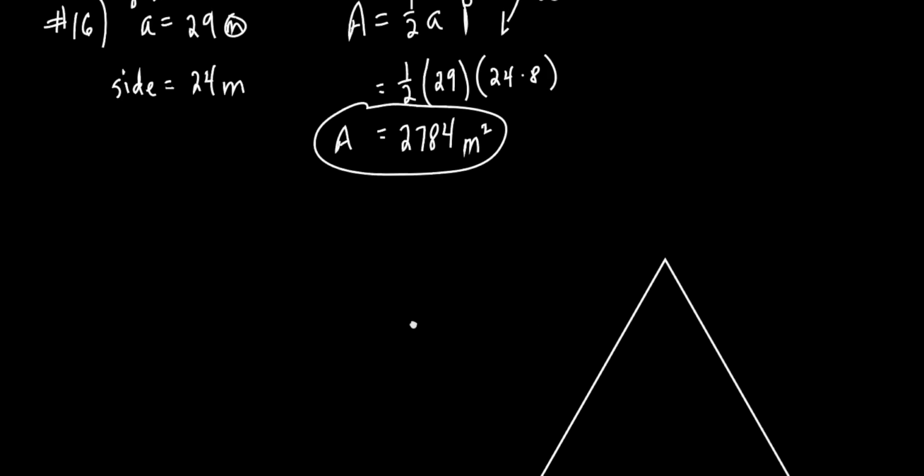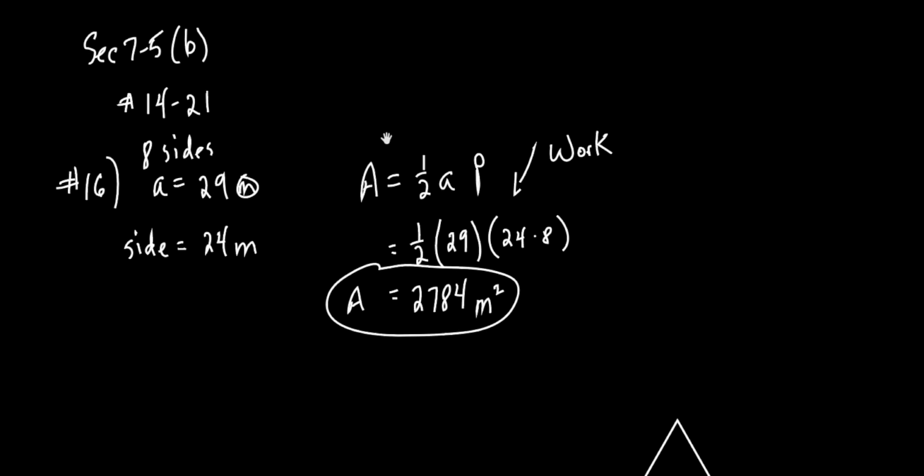I think I'm going to stop at 18. So I'm going to make a call here. Instead of the 21, let's just go to 18. Because 19, 20, and 21, I will not give you anything like that on a quiz. I think it's a little extra difficult. So I'll just have you do 14 to 18.